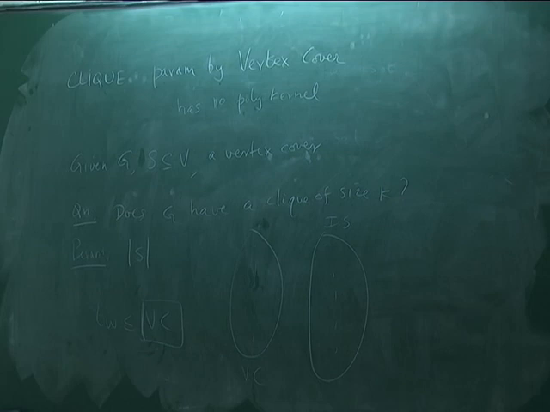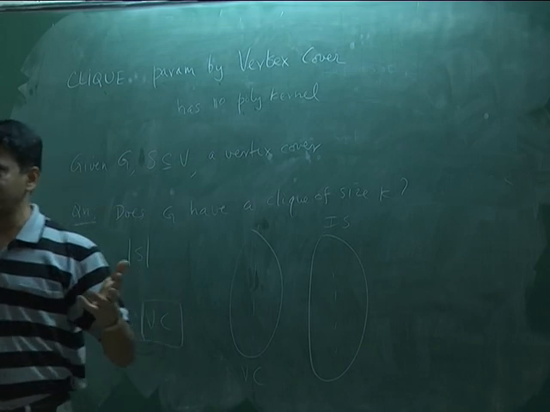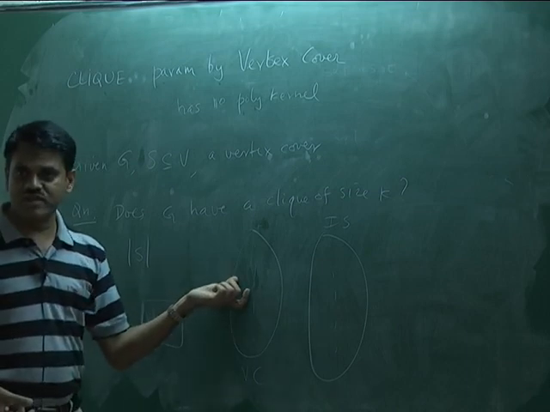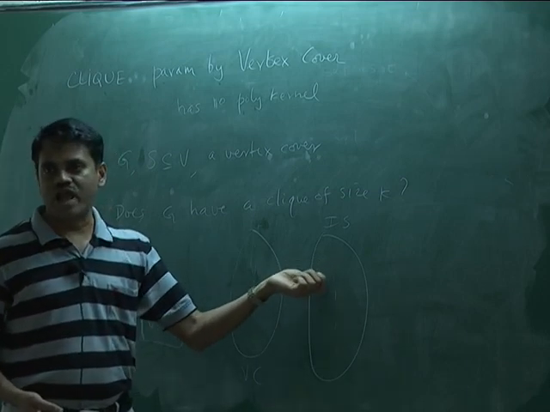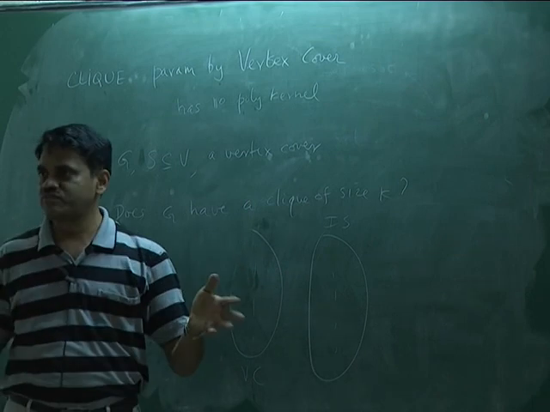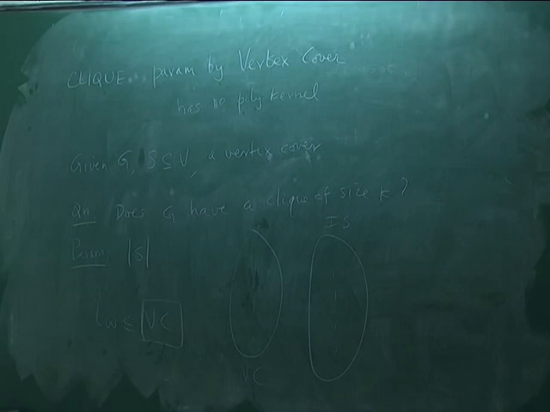So immediately it gives you an FPT algorithm. What is the FPT algorithm? Try all subsets of this vertex cover, and you can at most add 1 to see whether there is a clique of that size. Maximum, that's all that is possible. So the FPT algorithm is very trivial.